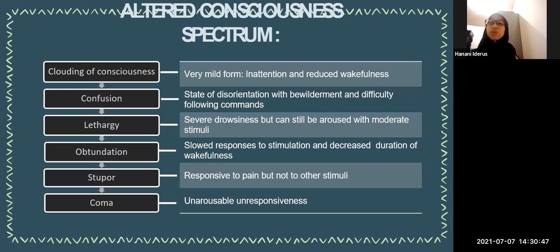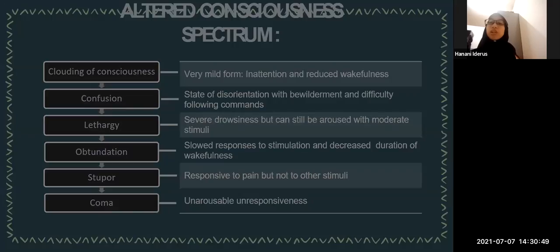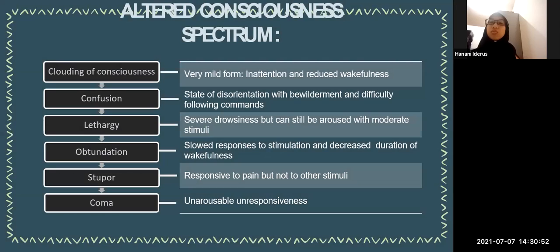In the case of stupor, the patient will only become aware if they respond to pain, but not any other stimuli. In the case of coma, which is the severest form of altered consciousness, they are in a state of unresponsiveness that cannot be aroused, no matter how large the stimuli is. So this is the altered consciousness spectrum.